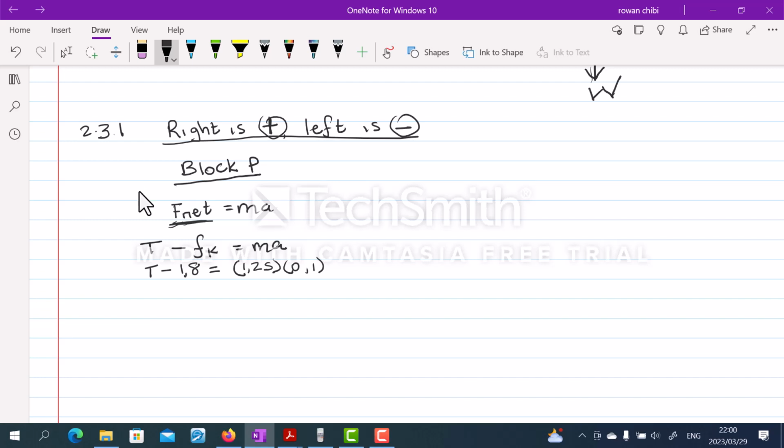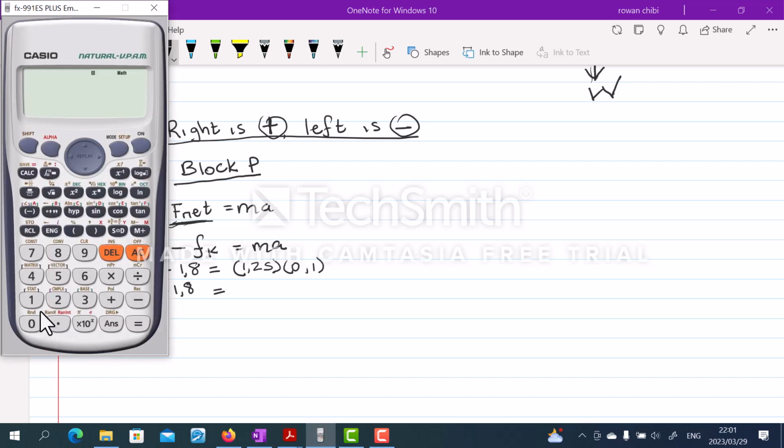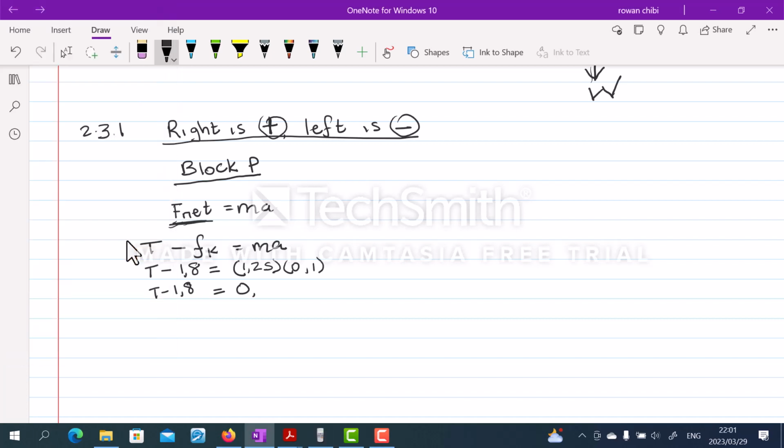Let us just punch the calculator here too. On the left you have T minus 1,8, then you need to multiply 1,25 and 0,1. So take your calculator, 1,25 multiplied by 0,1. We get 0,125. Now we can take 1,8 to the right, so T is equal to 0,125.